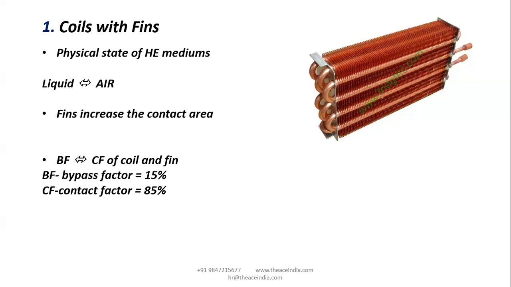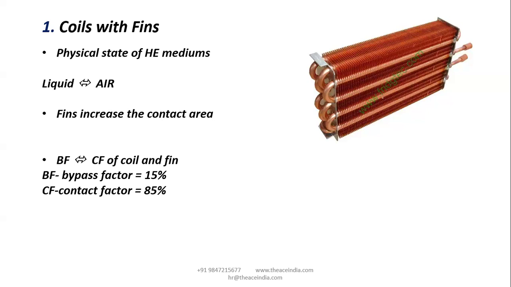The air which does not contact the coil structure is termed the bypass factor. That's why it is named bypass, meaning no contact: it escapes through the gaps in the arrangement. The other one is the contact factor, which refers to the amount of air which contacts the coil structure.